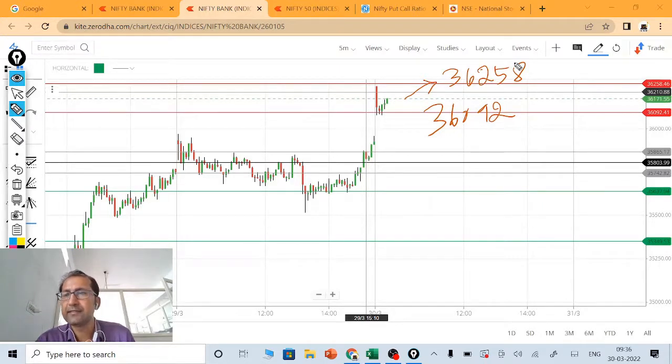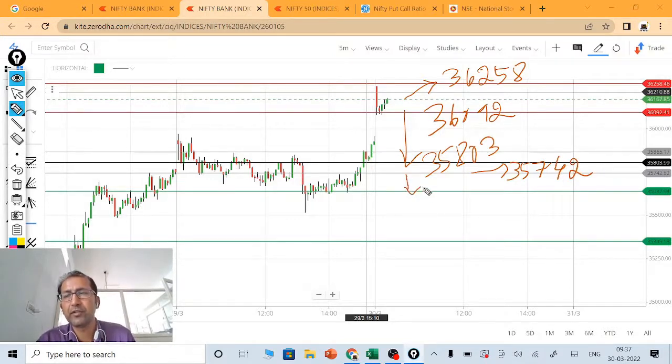If the markets start trading below 36,092, they can fall all the way to 35,803. That is the pivot level, and if the markets break the 35,742 level, then you have to be cautious. They can go all the way down to 35,637, and the next support is around 35,349.